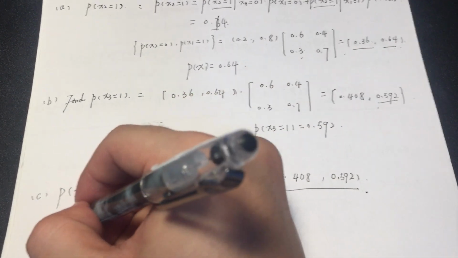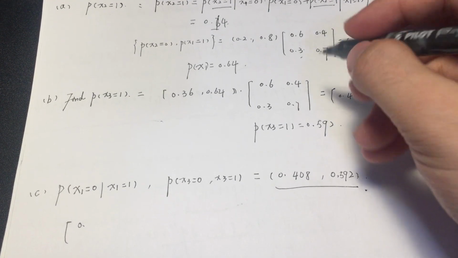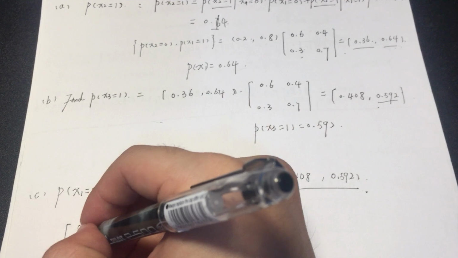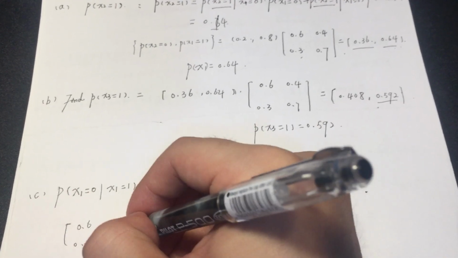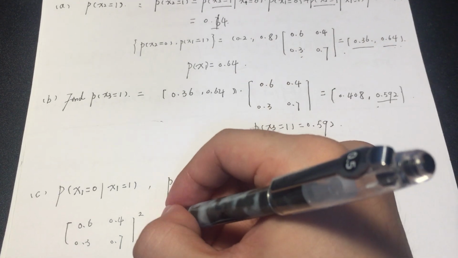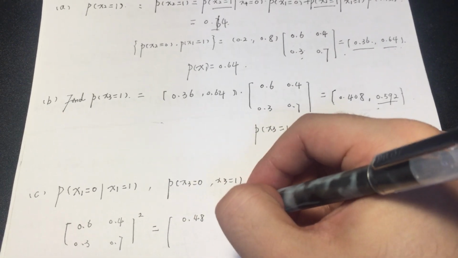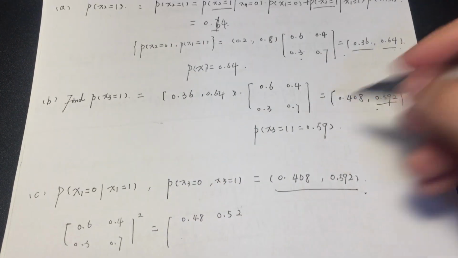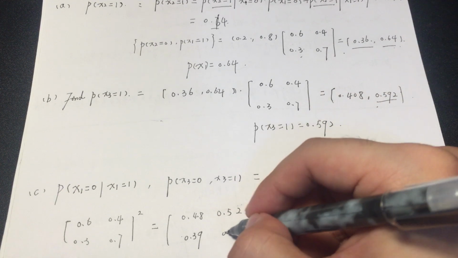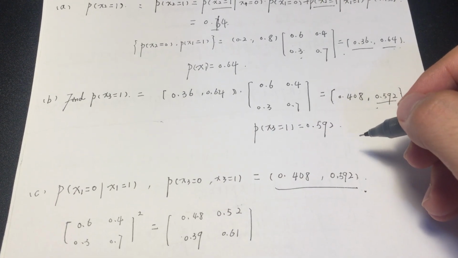Also, we need to calculate the noise channel matrix. After transmission through it twice, we have such a transmission matrix between x1 and x3.